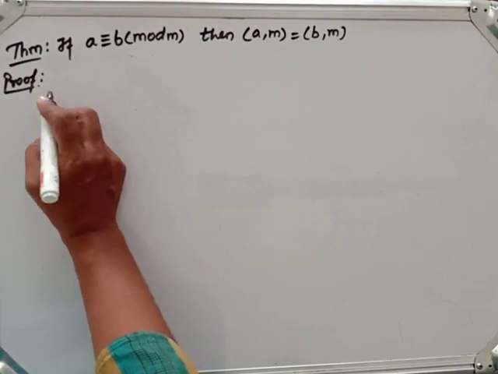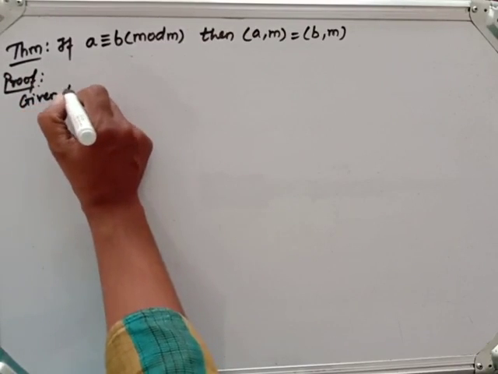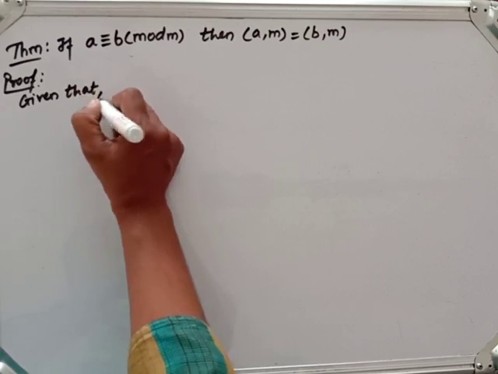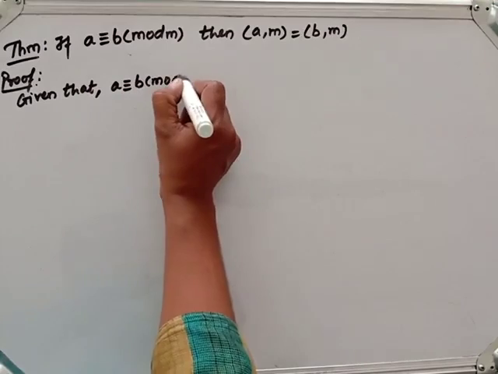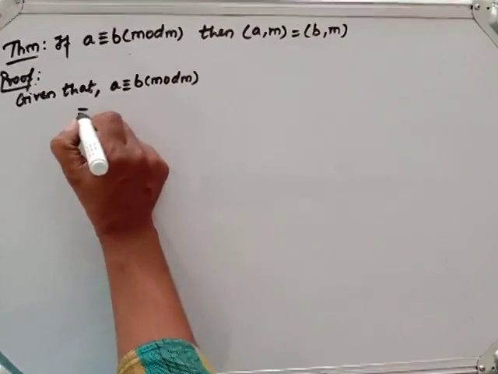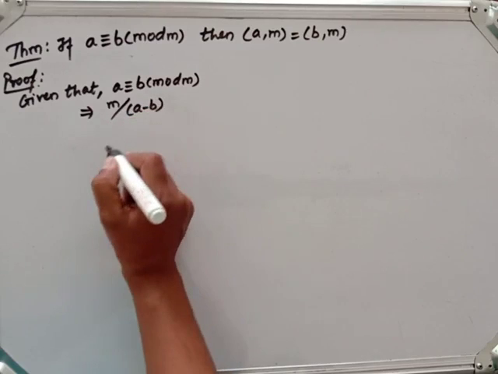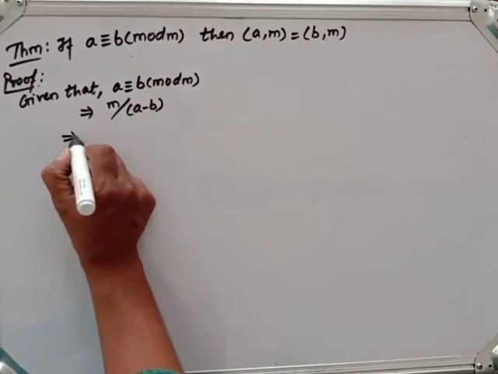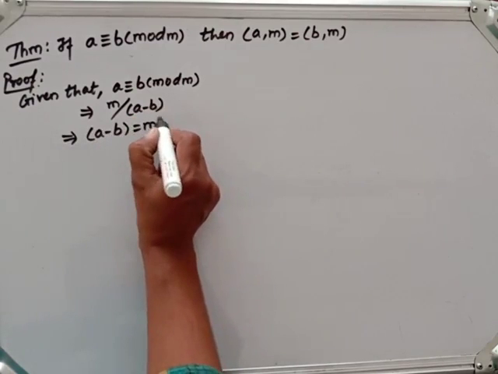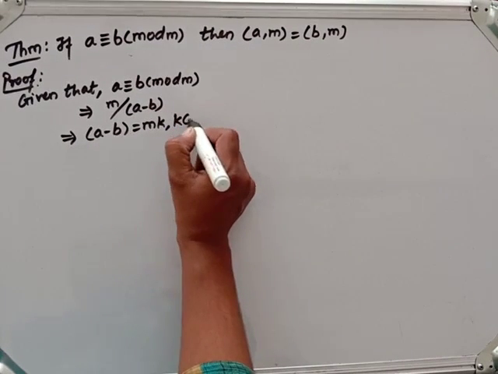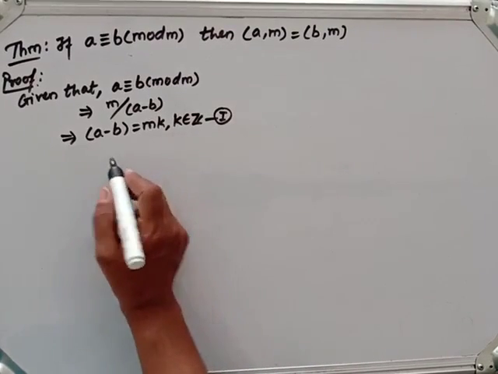The proof of this one: what is given? A is congruent to B modulo M. So this gives M divides A minus B. So this gives A minus B is equal to M times K, where K belongs to the set of integers. Call it equation number 1.